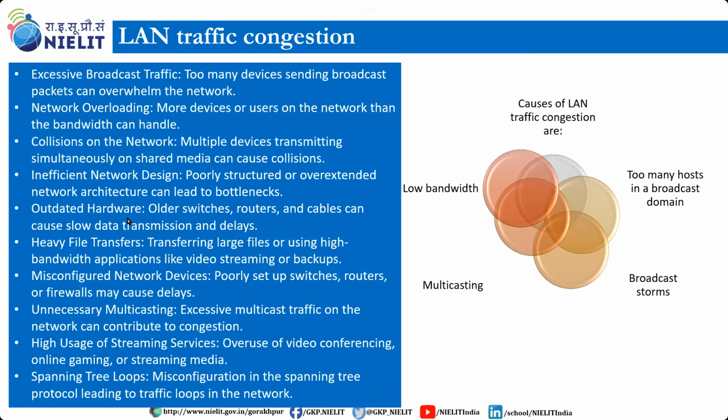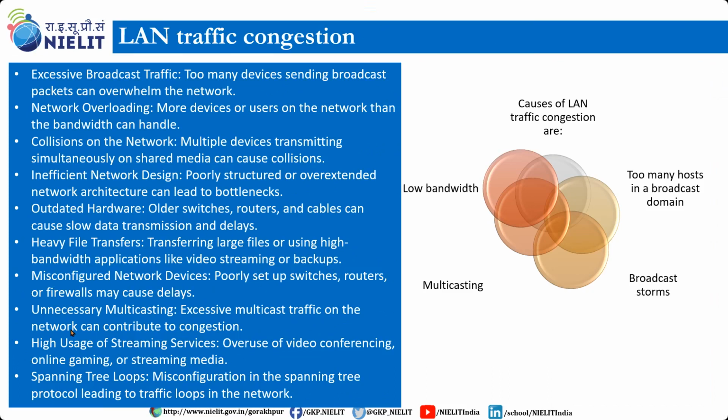Some older hardware may have low bandwidth and low capability. Heavy file transfer: regular file transfers happening alongside heavy traffic like streaming services, video streaming, audio visual. A lot of backups are getting transferred, regular backups. A high bandwidth application is being used.